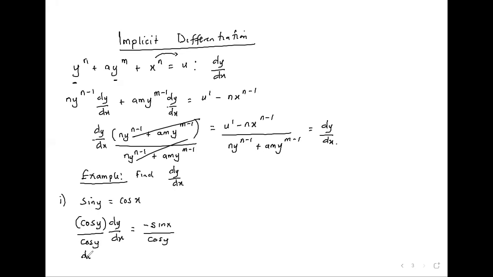So we have dy dx is equal to negative sine x over cos y. That's all. So I can still treat y as if it's x, but if I do that, I'll just have to remember to multiply by dy dx.